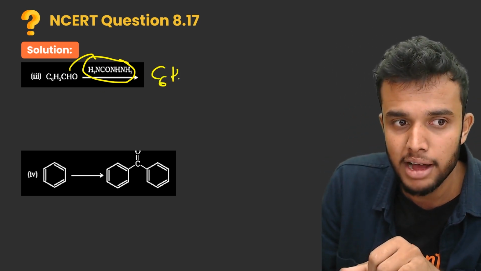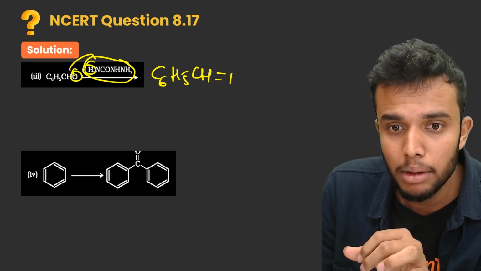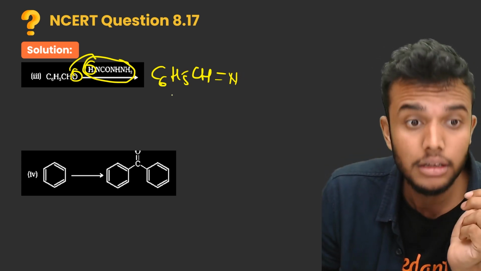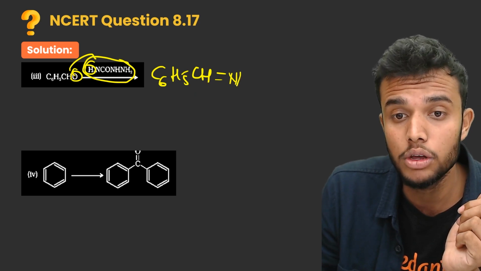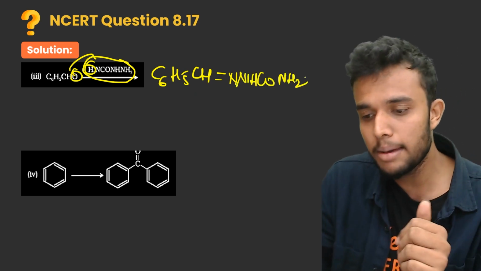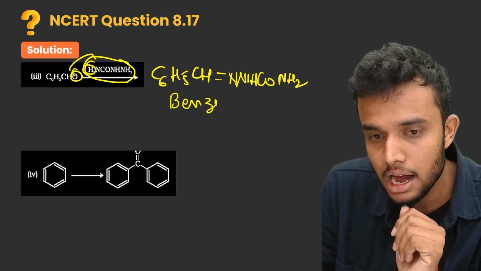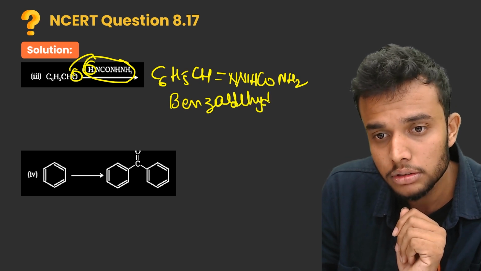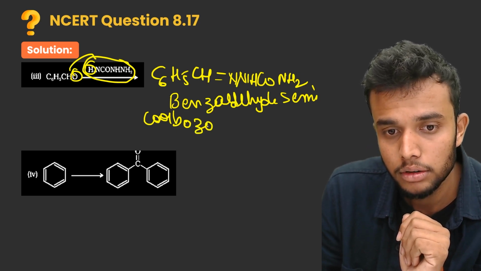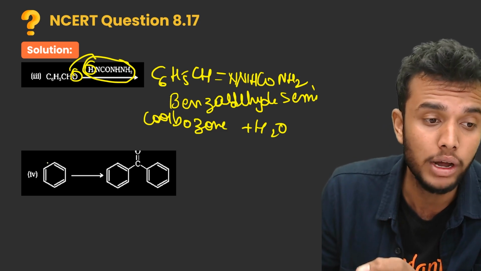It yields C6H5CH double bond N, NH, CONH2. A water molecule is eliminated. The name of this compound is benzaldehyde semicarbazone, with water liberation. Let's move on to the fourth one, right?